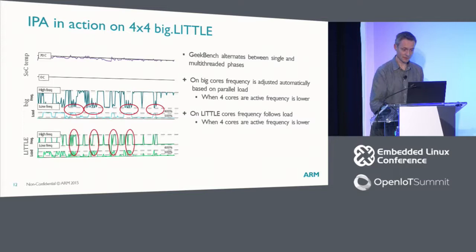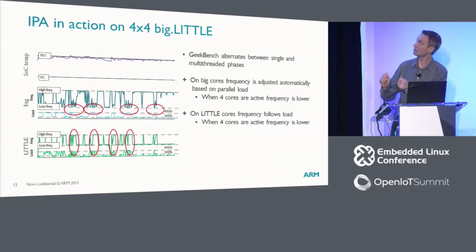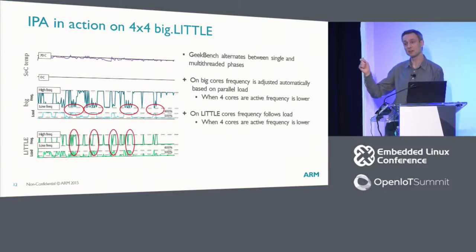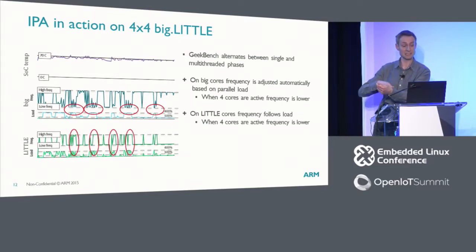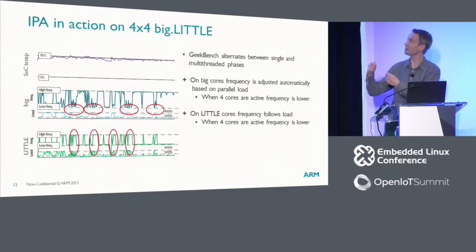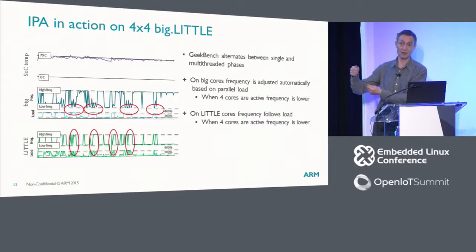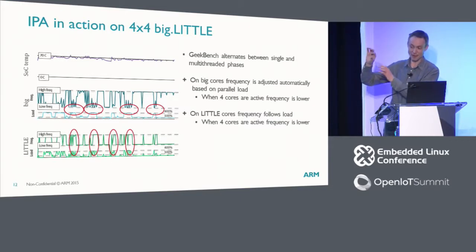Okay, so a plot here of IPA running on a 4 big, 4 little core system. What we're running here is Geekbench. Geekbench is a CPU benchmark, and it alternates between running a single-threaded test and then running a multi-threaded test. Obviously the multi-threaded test running 8 copies of some compute algorithm, trying to run that on all 8 cores, is going to use a lot of power.